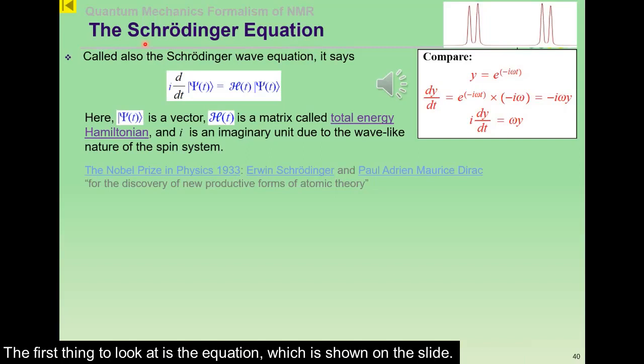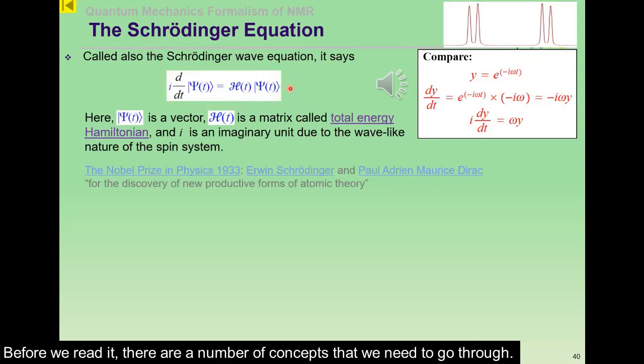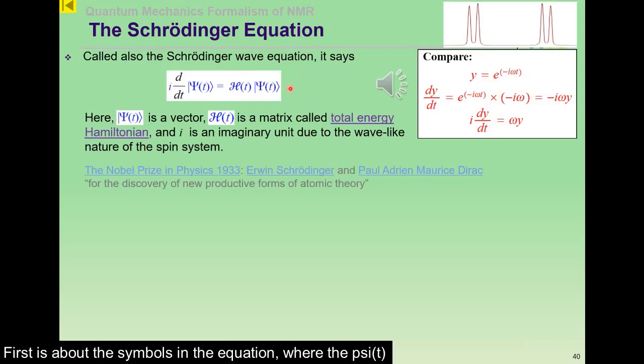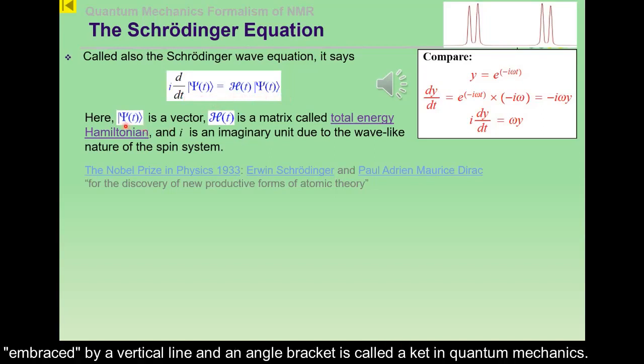The first thing to look at is the equation, which is shown on the slide. Before we read it, there are a number of concepts that we need to go through. First is about the symbols in the equation, where the psi t embraced by a vertical line and an angle bracket is called a ket in quantum mechanics.